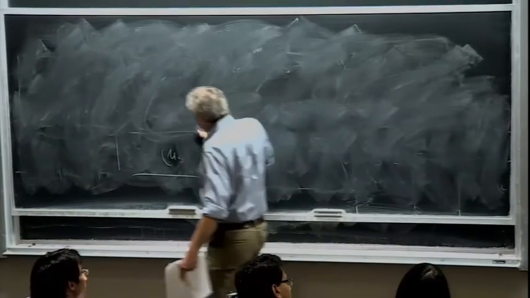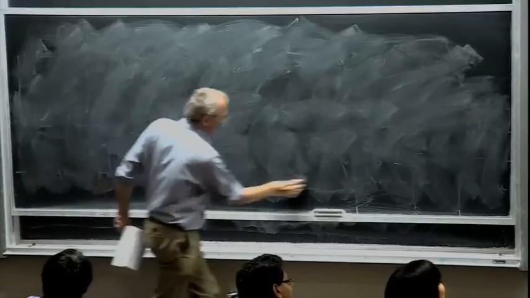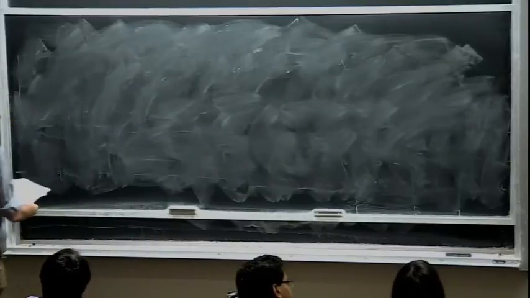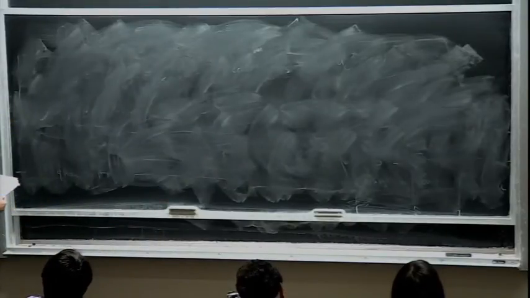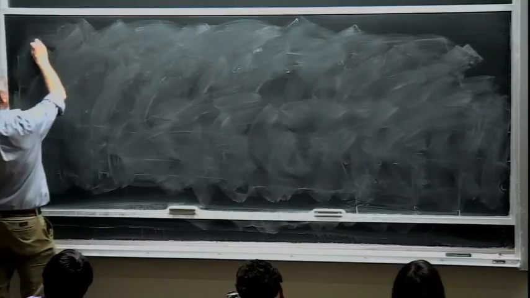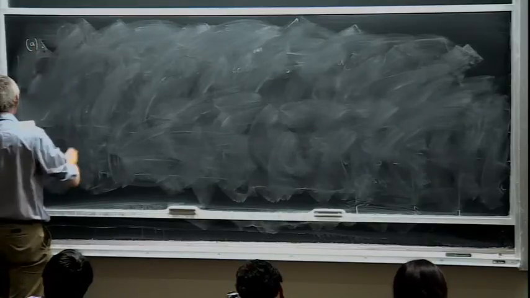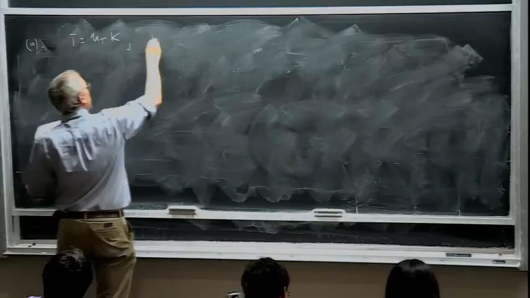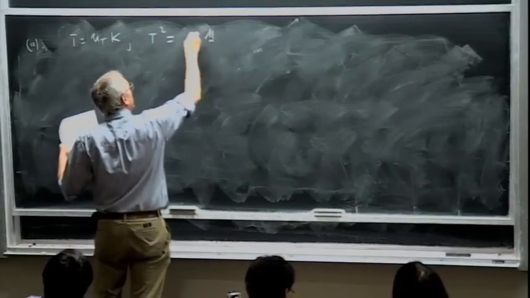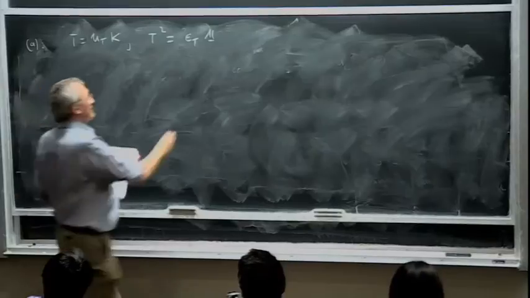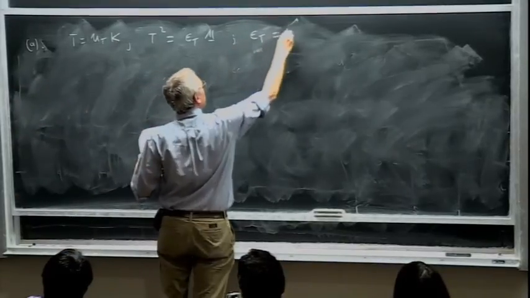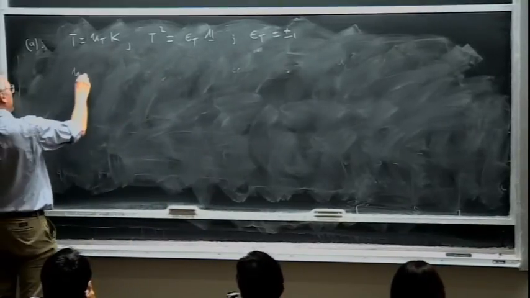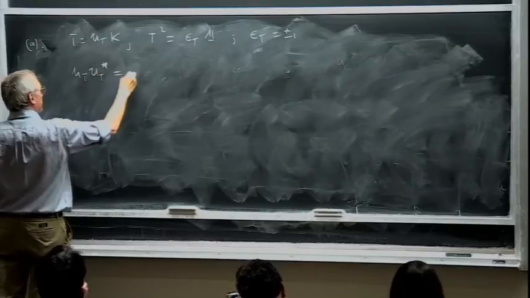So now we use elementary facts about charge conjugation and time reversal on their own. Time reversal T is UTK, and then T squared is something proportional to the identity, but it's a sign. So epsilon T is plus or minus 1. So then we know that UT star is precisely that sign.